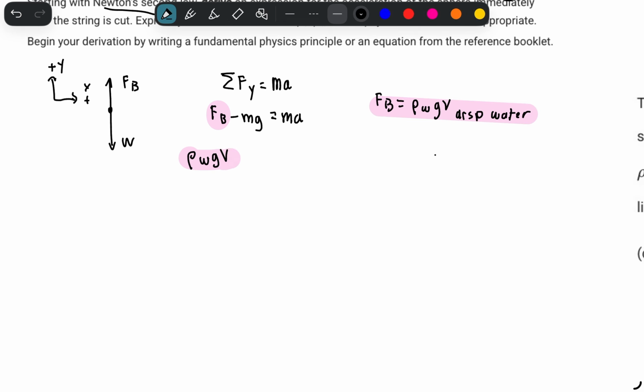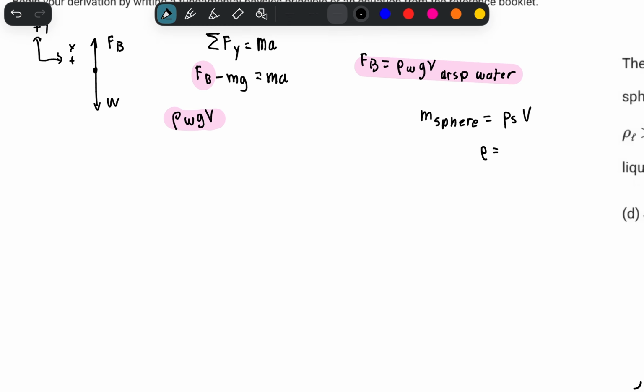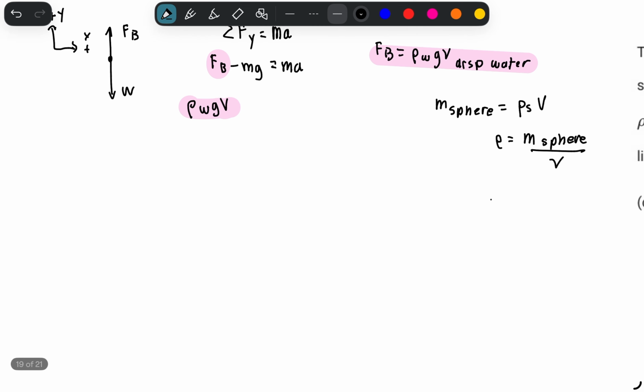Now, we know that the mass of the sphere is equal to the density of the sphere times V. That's because density is equal to the mass of the sphere divided by volume, and we just rearranged that. We also know the sphere volume formula is equal to 4/3 pi radius cubed.